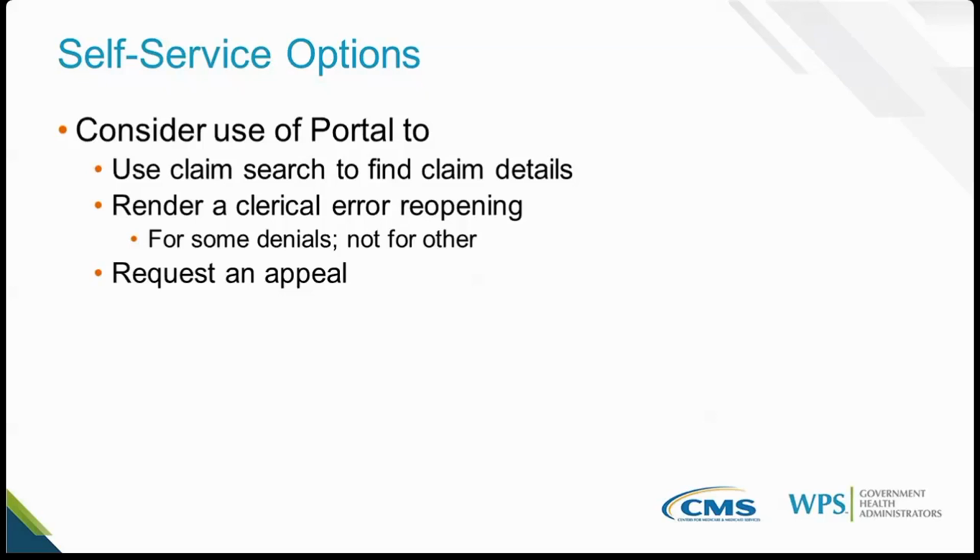You can also render a clerical error reopening, but you need to keep in mind that this is only good for some denials and not for others. You can also request an appeal using our transactional portal, and it really is, as I mentioned earlier, the quickest way to accomplish these functions.